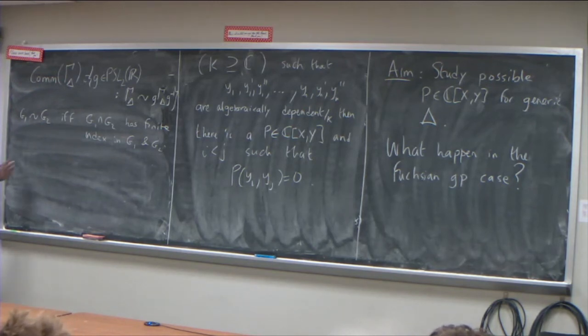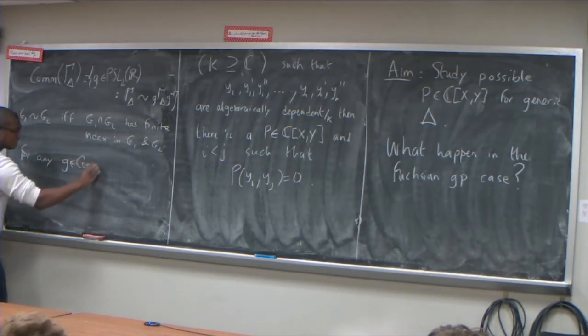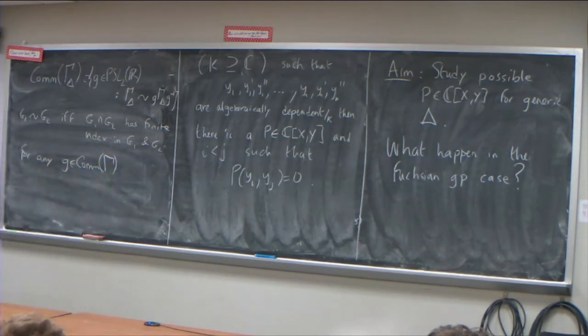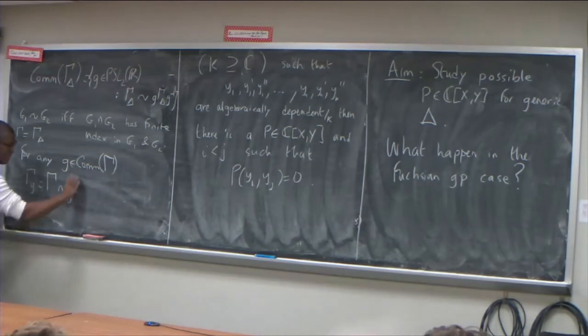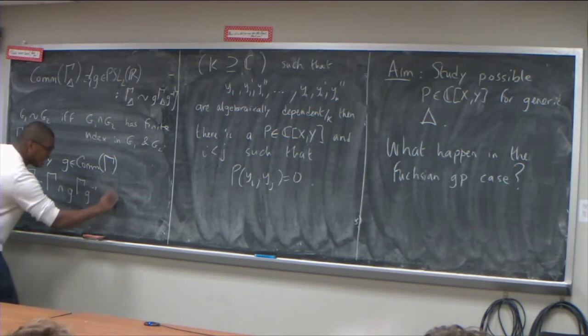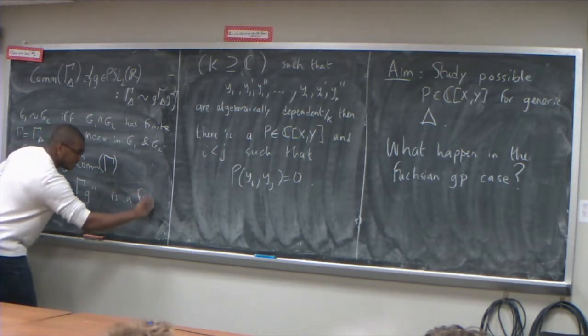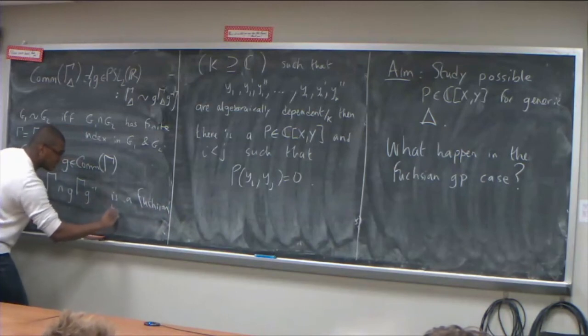So what it does is simply, for any g in the commensurator, what you have is that the intersection, so let's call it gamma g, where I take gamma to be gamma triangle, the intersection of gamma with a conjugate is itself a Fuchsian triangle group.